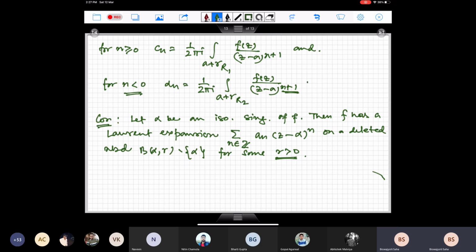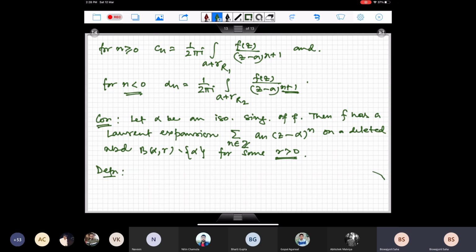So in general, we have seen that holomorphic functions on an annulus have a Laurent expansion. So if I take any isolated singularity of a function, then we know that the function is going to be holomorphic in a neighborhood around that point, except for that point. So in that neighborhood, we can write down a Laurent expansion. Here I need some definitions so that we can associate things rather easily.